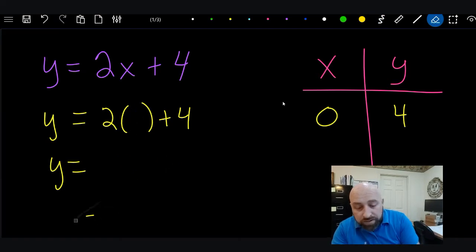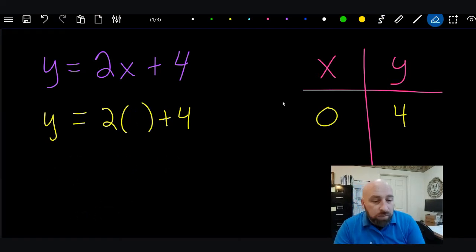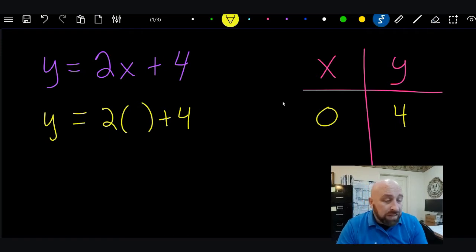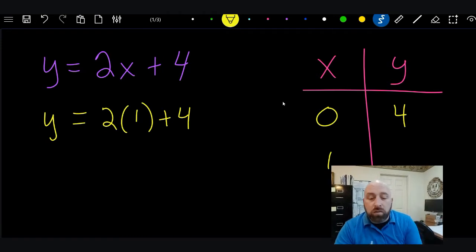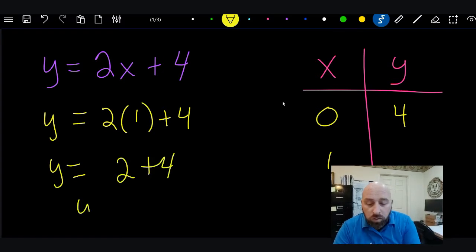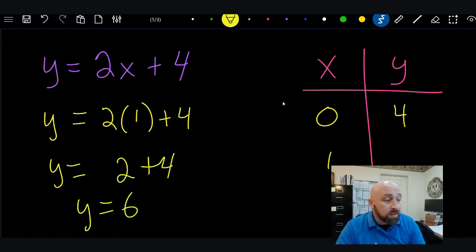I'm not going to erase that because I'm just going to pick another random number. I like, again, easy numbers. The number 1 is an easy number. Okay, so the number 1. All right, so y equals 2 times 1 is 2 plus 4. Y equals 6.